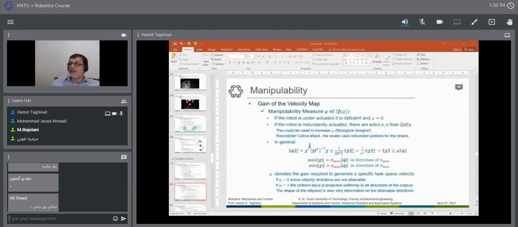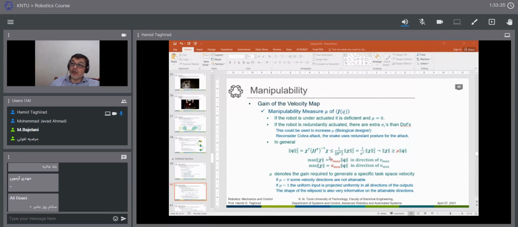By re-examining the problem, I saw that there is a problem on page 60, the manipulability measure was not given to you rightly, because here, as you see, the norm of x dot is equal to mu times q dot, and this direction will give you the direct singular value direction.